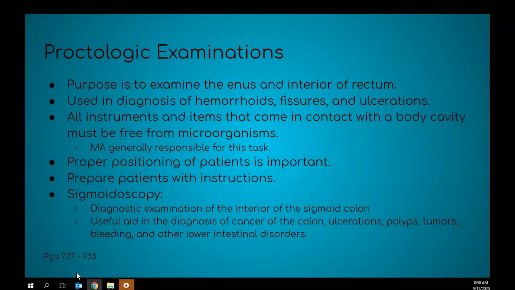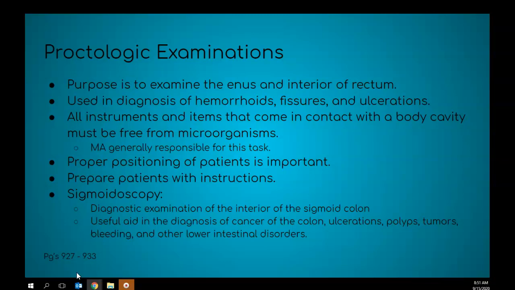Can anybody tell me what position would be best for a proctologic exam? Sims is great. What else? Knee chest. What else? There's one more. It's like knee chest, but the bed breaks. Jackknife. Yep. Those are the ones that are best for procedures like that.